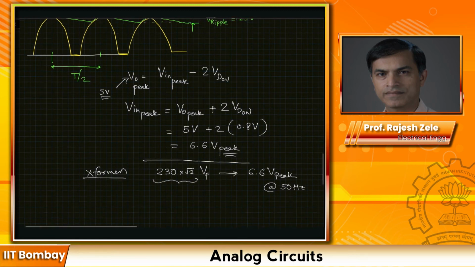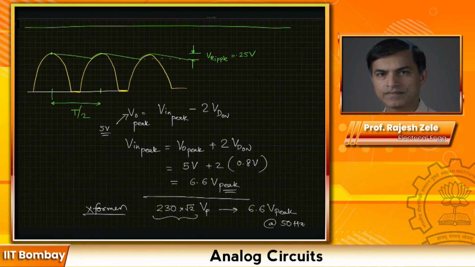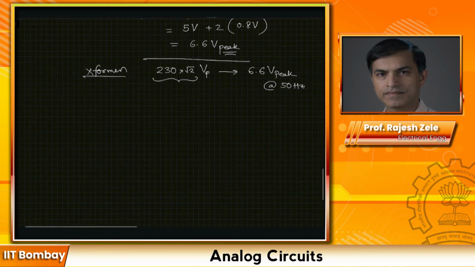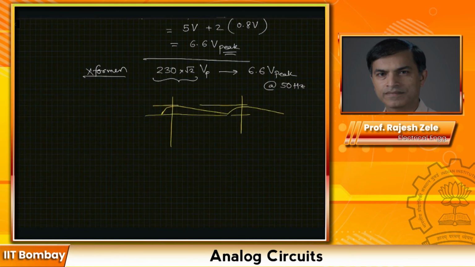Now let's only look at this portion of the curve magnified and try to understand what's really going on. So the ripple is going to look like this. This distance is T divided by 2.